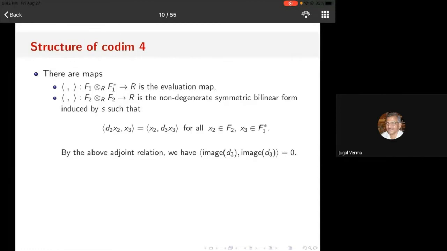They have given the multiplication map from F1 star tensor F1 star to R, that is this evaluation map. Then this bilinear map has an adjoint relation, and because of this, the inner product of the image of D3 with the image of D3 is 0.